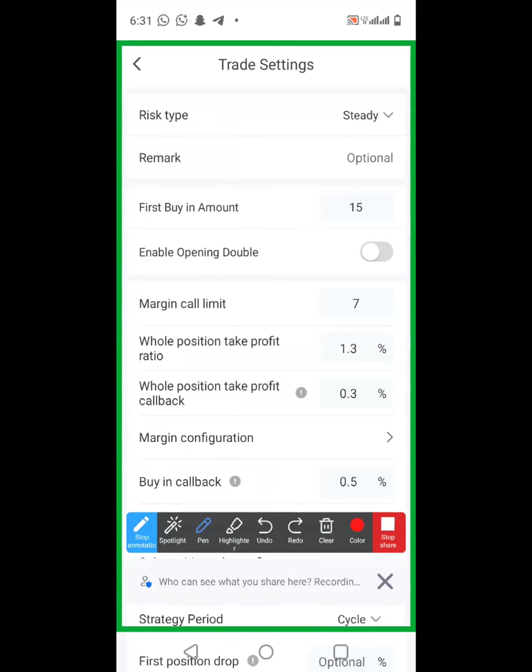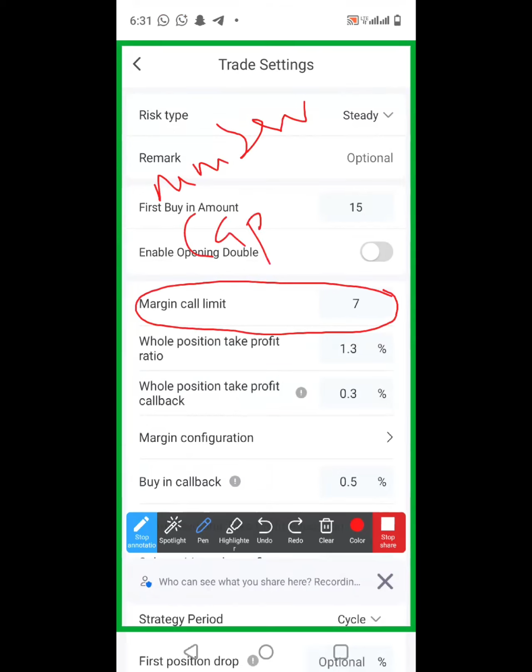So this is the margin call we are talking about here. That means the number of times you want the robot to buy for you, because you have capital in your exchange wallet.